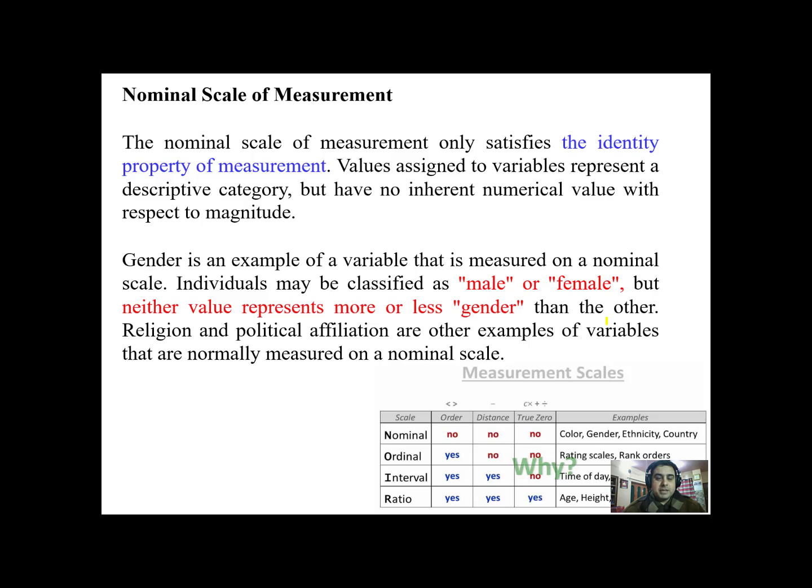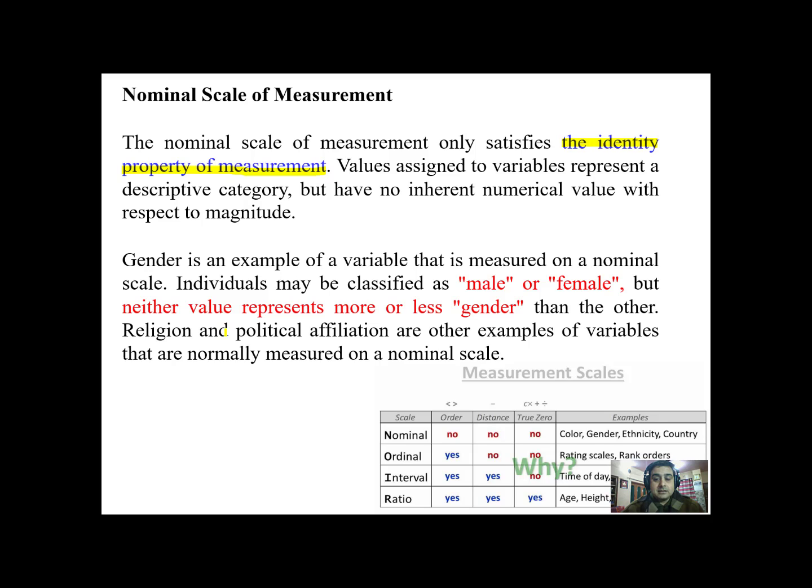Now, coming to the nominal scale of measurement. As you can see, this scale of measurement satisfies only the identity property. If we have to say whether a person is male or female, we can just say whether he is male or female. That's his identity. We cannot say that he is less of a gender or more of a gender.